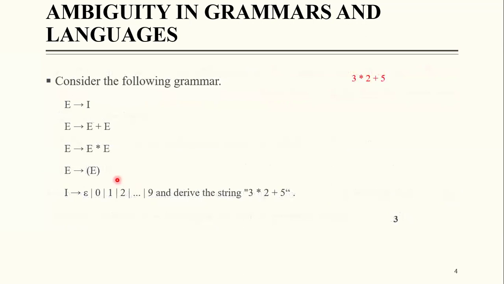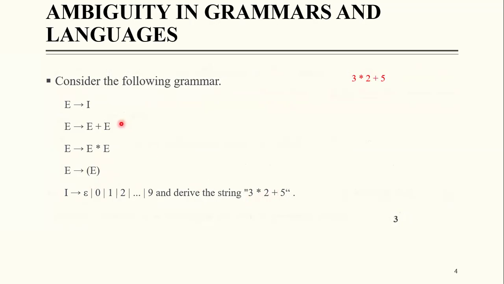And let us see one example for checking whether the given grammar is ambiguous or not. The given grammar is E derives I, E derives E plus I, E derives E star I, E derives bracket E, and I derives epsilon or 0 or 1 or 2 up to 9. The input string is 3 star 2 plus 5.